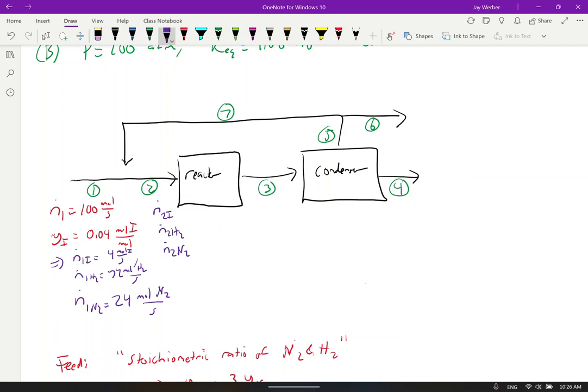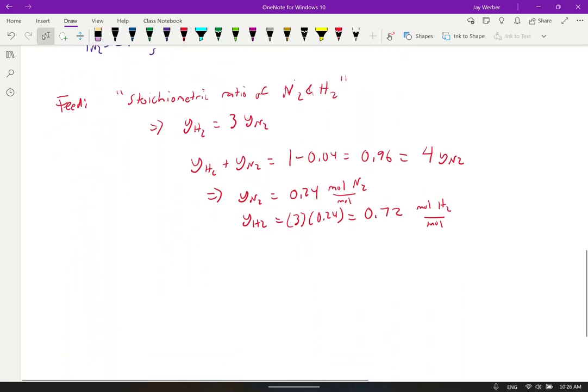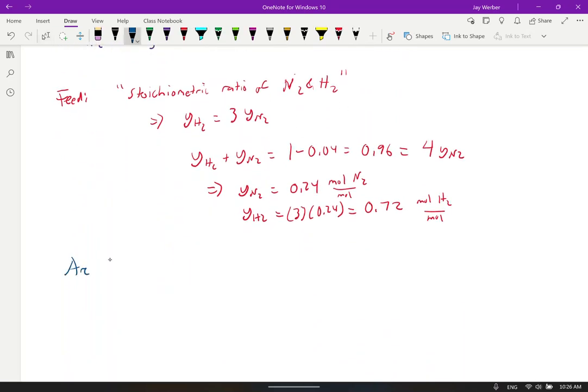The one thing we want to ask ourselves though is if H2 and N2 are at stoichiometric ratio in the feed, and then they travel together everywhere, are they independent? So let's ask this question. Are N2 and H2 independent? And the answer here is no, right?